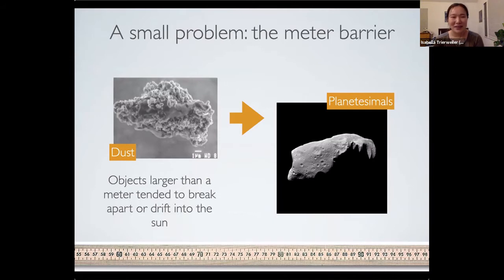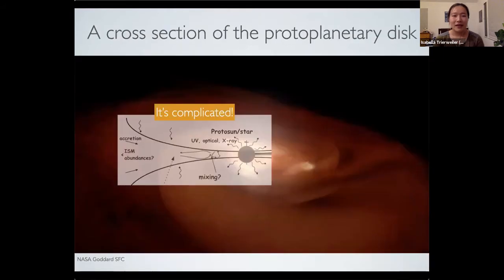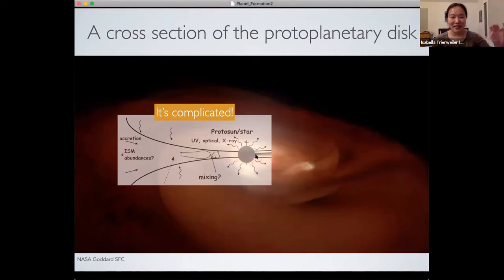And quite a bit of work has been done on this over the years. The general solution that people have come to is that we can overcome this meter barrier if we really pay close attention to what's happening in these protoplanetary disks. So I just kind of put an example of a cross section of a disk on here. It's not too important exactly what's going on, but we know that we've got a star in the center. Our star is outputting a lot of energy. In the disk itself, things are pretty chaotic.